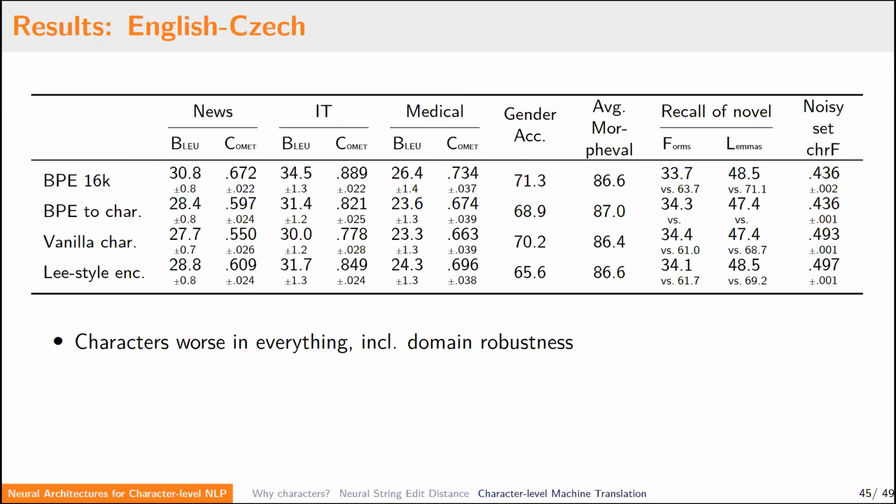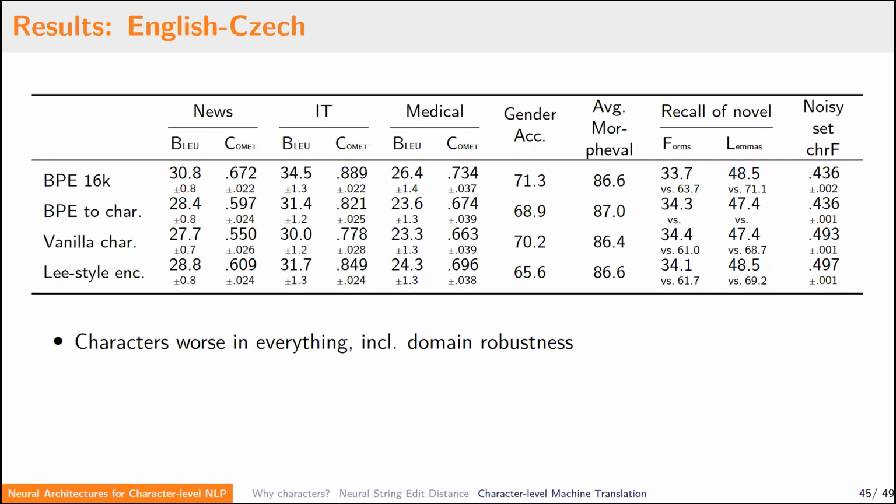And these are the results for the English-Czech translation. And we can see that the BPE-based model is still the best, and not only for the news translation, but in all the 3 domains that we tested, it also better captures the gender in coreference.